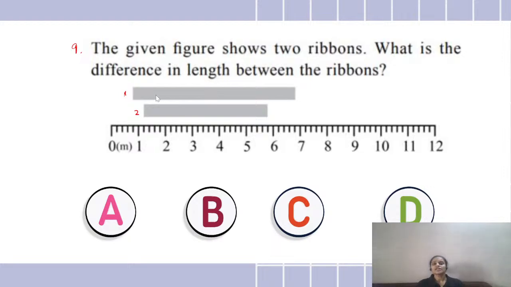First, find out the length of the first ribbon, find out the length of the second ribbon, and then you'll have to find out the difference. Here there are no options. You'll have to simply give me the answer in the chat. Find out the answer, type it in the chat. There are no A, B, C, D options over here. It's an open-ended question.